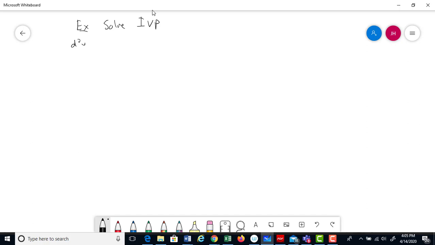The second derivative of y with respect to x is equal to 2 minus 6x, and also y prime of 0 is equal to 2, and y of 0 is equal to, I don't know, negative 7, whatever.